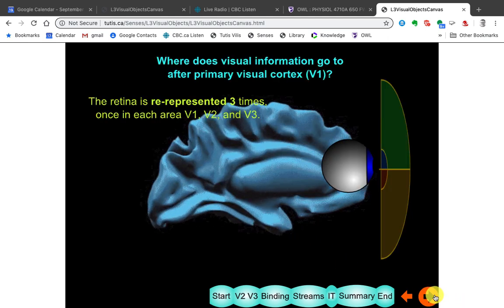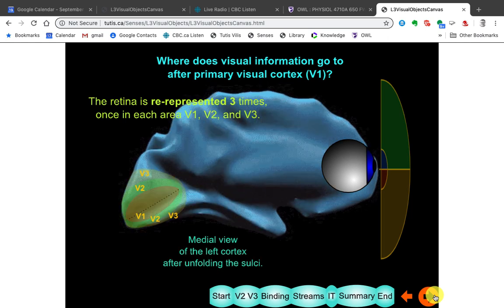So again, being able to see all these activities at once, things tucked into the cortex, and one's not. I've blown up the cortex of, this is the brain of one of my students, and I've inflated it. So you can see into the student's calcarine.